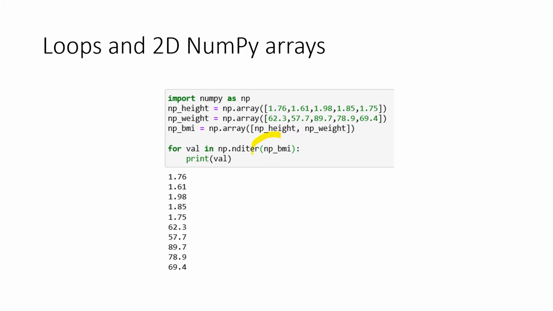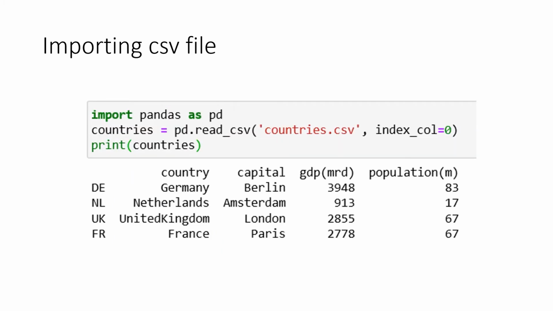And obviously we call it on our variable np_bmi. And if you do this, you don't loop through an array, but you loop through each individual value that is stored in each individual array. So often this can be very useful if you have 2D NumPy arrays or even bigger arrays.